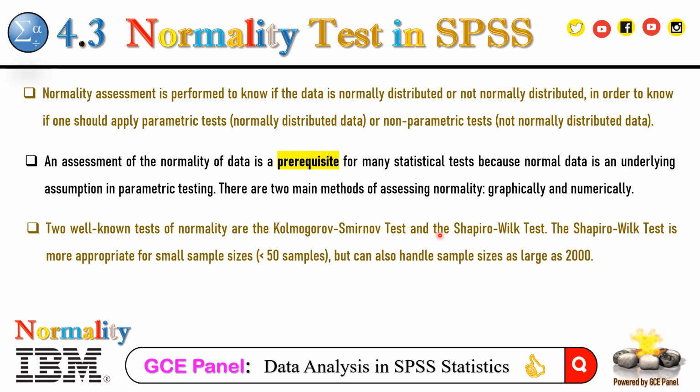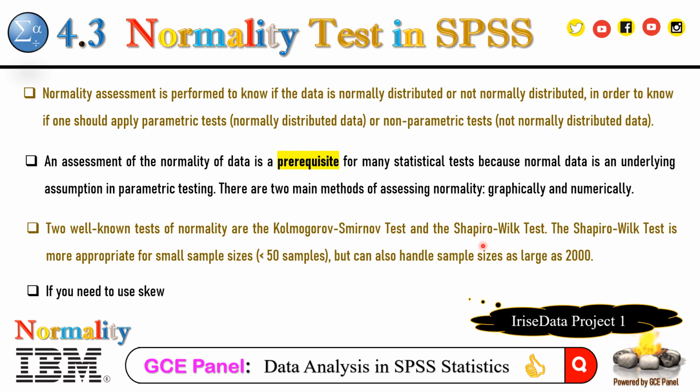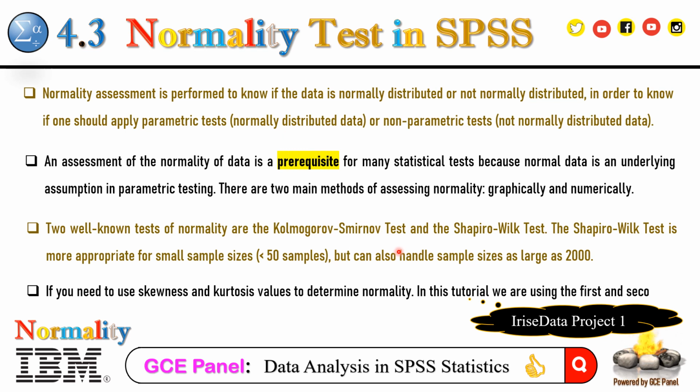We can equally look at tests graphically. Another numerical test is to look at the skewness and kurtosis values to determine normality. You can use skewness and kurtosis, or use the Kolmogorov-Smirnov test and the Shapiro-Wilk test.